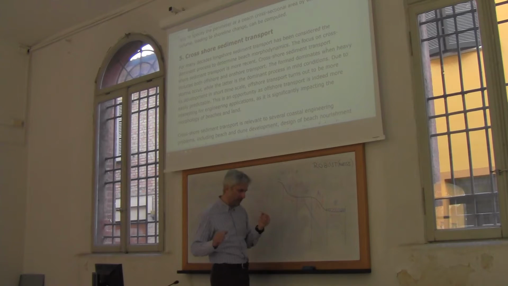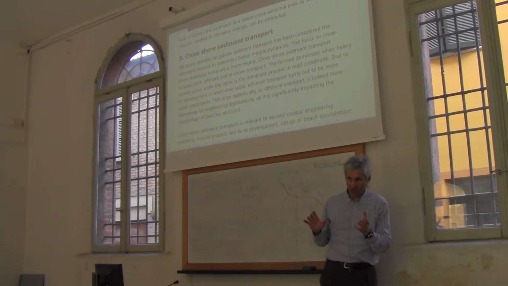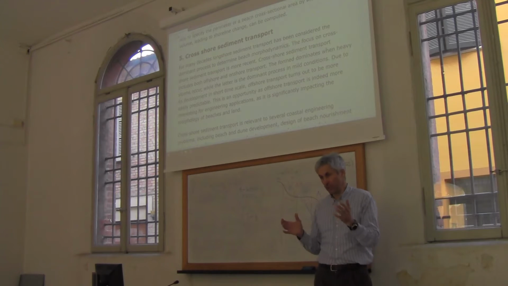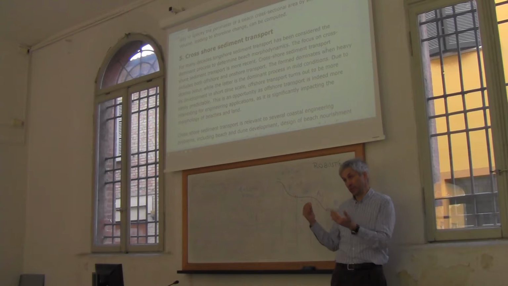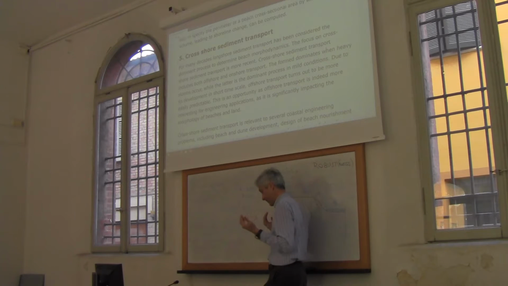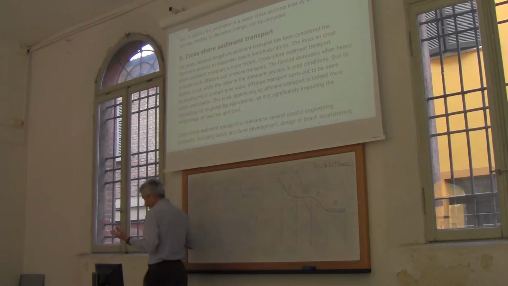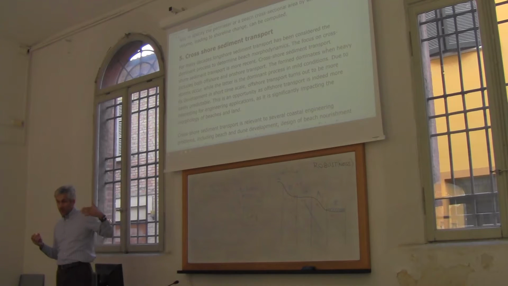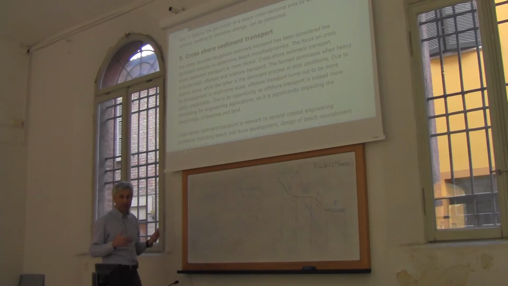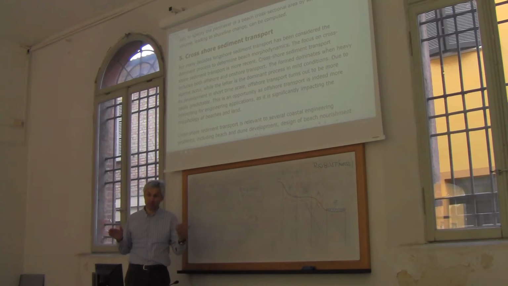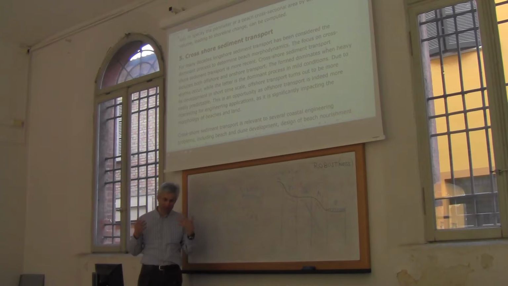I just want to give you an idea of how the beach can evolve from a qualitative point of view under cross-shore sediment transport. After this qualitative idea, I want to give you a couple of empirical relationships just as an example. Empirical relationships that are not to be learned by memory. What you should try to understand is what is reported here, these schemes.